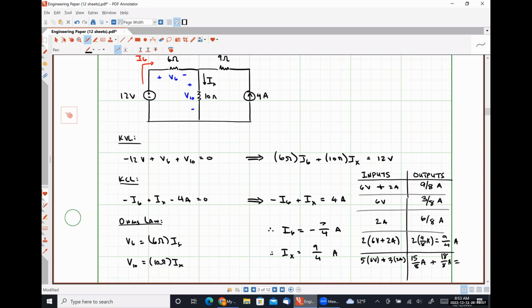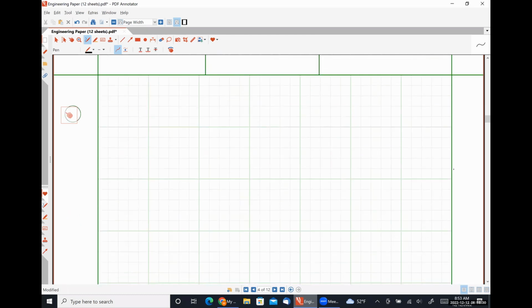If I add these results together, 15 plus 18 is 33. And so my expectation here is that I will get an output of 33/8 of an amp if I scale the voltage source by a factor of 5 and the current source by a factor of 3. Okay. So let's check whether I'm right.